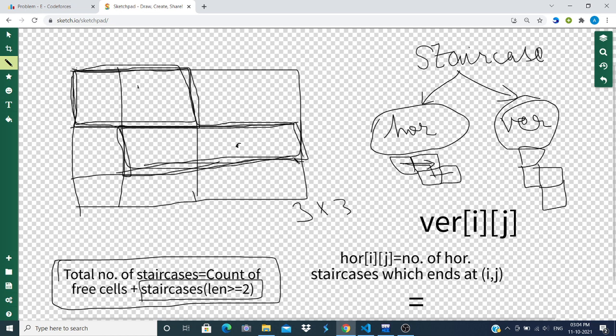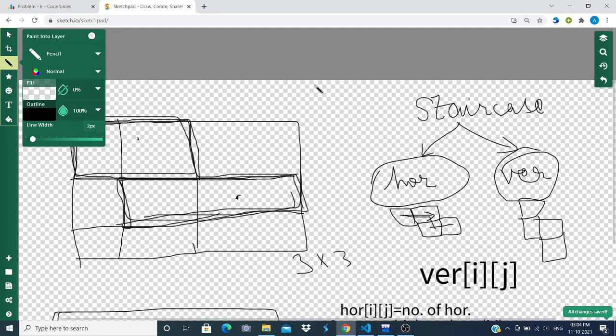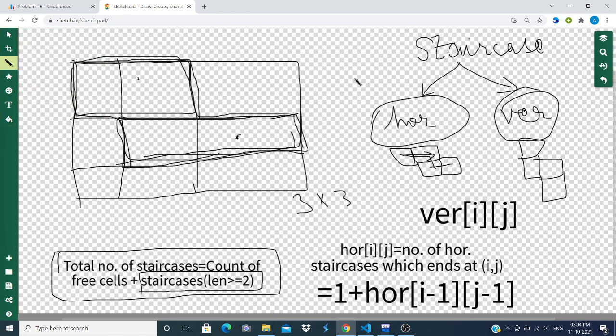So this is the second staircase. So the number of horizontal staircases can be written as 1 plus horizontal of i minus 1, j minus 1, and we just check the conditions so that these don't go out of bound, right?